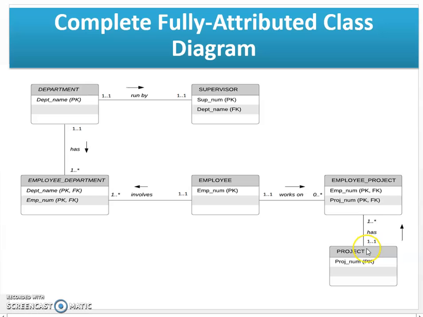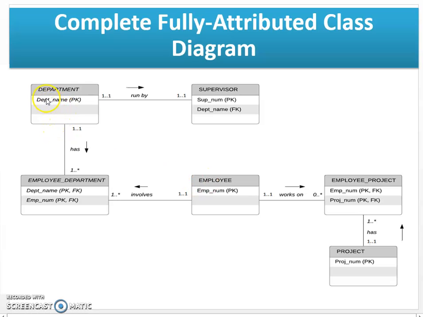Same applies for the project. It then becomes the primary key and foreign key, which is the reason why the direction of our relationship will always point towards the bridging class. This is our fully completed class diagram.